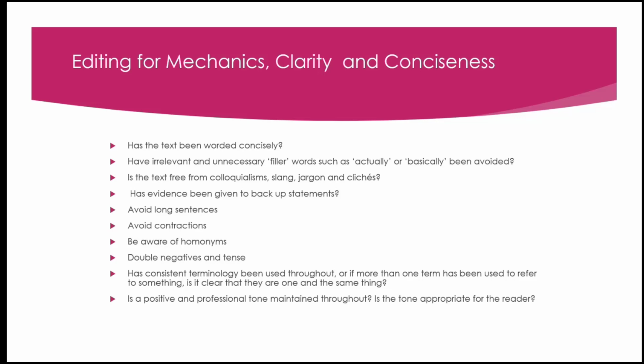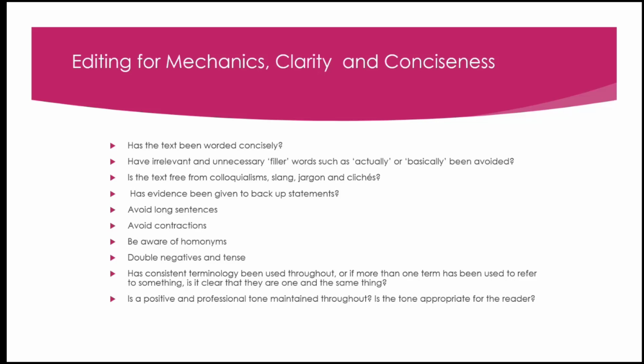Avoid words like actually, basically, avoid jargon, slang and clichés, like varsity. Has evidence been given to back up your statements? Does each paragraph contain enough evidence or equal evidence? Avoid long sentences, avoid contractions, and so on. But we'll look at this in more detail in the proofreading section.